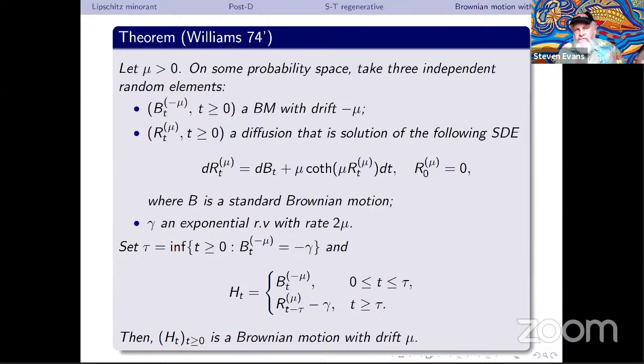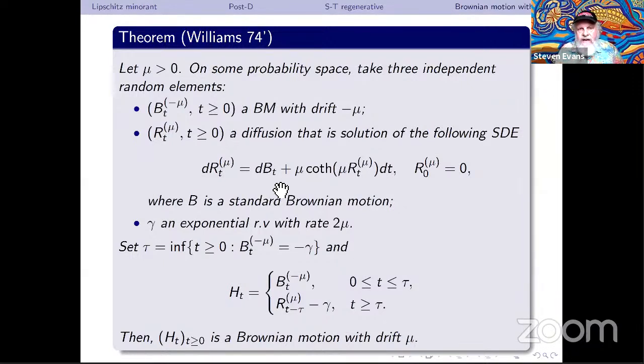Okay, so to build your Brownian motion with positive drift mu, you first run a Brownian motion with drift minus mu until it hits the level minus gamma, where gamma is exponential with rate 2 mu.